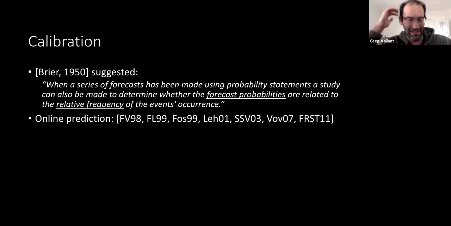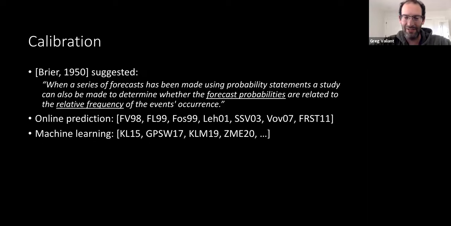And calibration has become increasingly well known. I'd never heard of calibration when I was in grad school, and I feel like most grad students now might have heard of it. So it's had a bit of a renaissance. There's been work both in this online prediction setting, as well as a lot of work in the machine learning community, at least in part because deep neural nets tend to produce very uncalibrated predictions.